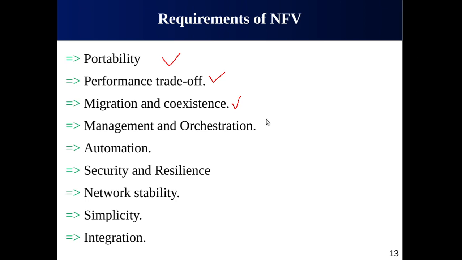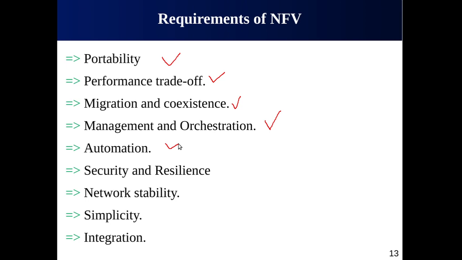Next thing is management and orchestration, and we talked about it: this is the responsibility to manage the architecture, to manage the functionalities, to manage the virtual world, and it must be achieved by using different interfaces, like we studied the northbound interfaces and southbound interfaces, and also the abstraction, the virtualization that is possible. Automation is another requirement.